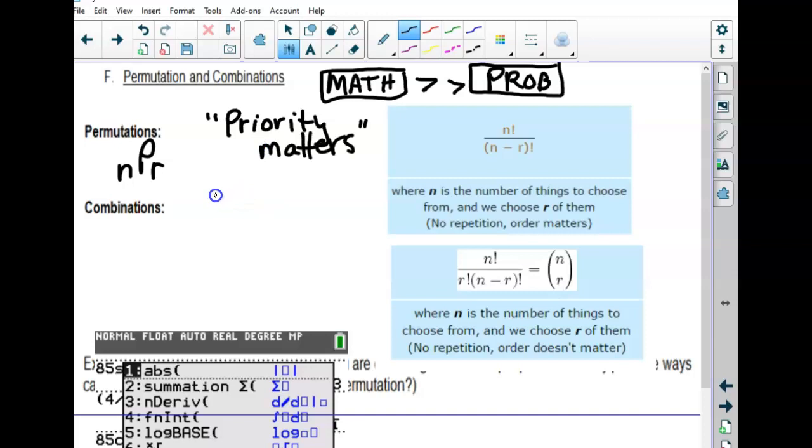You cannot repeat. Order matters, priority matters. It is a permutation question. It means Bob, Susie and Susie, Bob are counted two different ways.